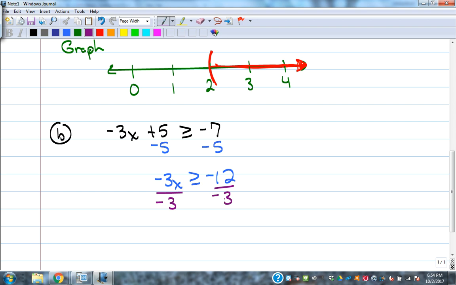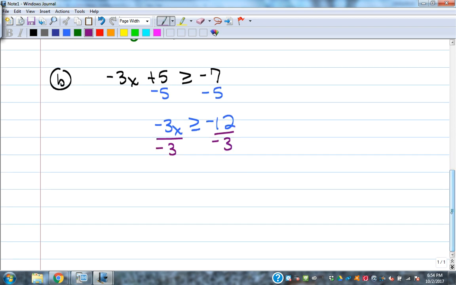Anytime I divide by a negative or multiply by a negative, when I'm solving an inequality, I have to flip that symbol around so that it's less than or equal to. And then what's negative 12 divided by negative 3? Positive 4, right? The set builder notation, once you get there, just put it around it.